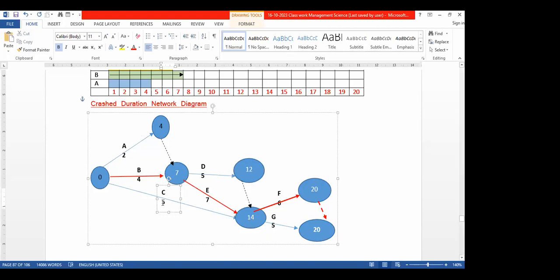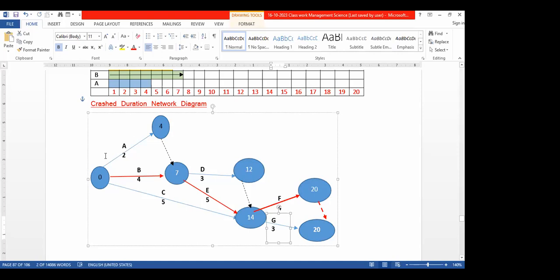C5, D3, E5, F4, G3. Okay. Now I'm changing the crash duration in the network diagram.